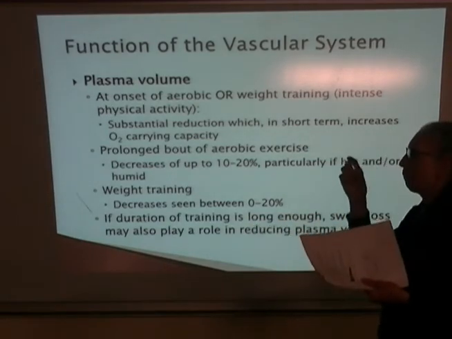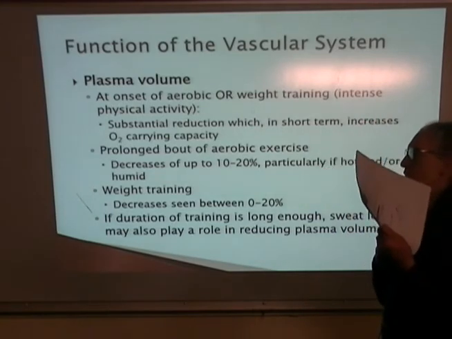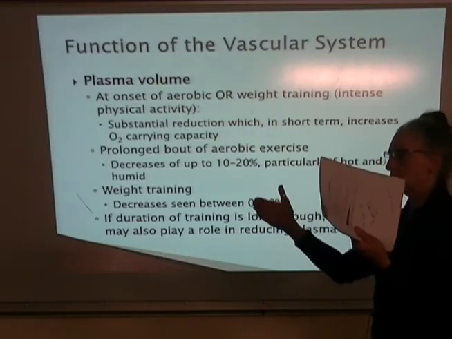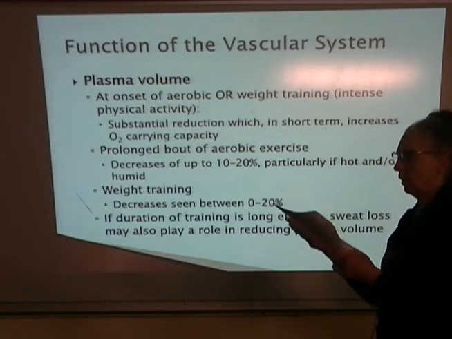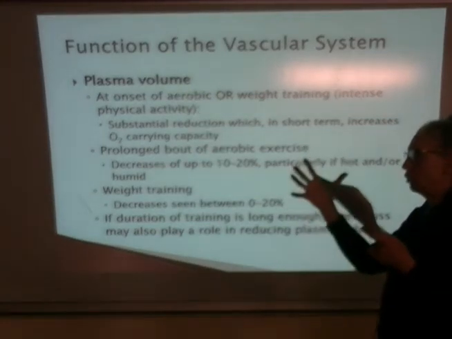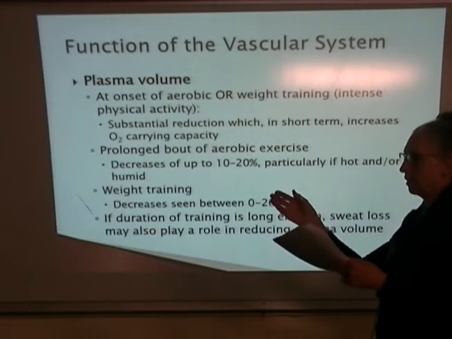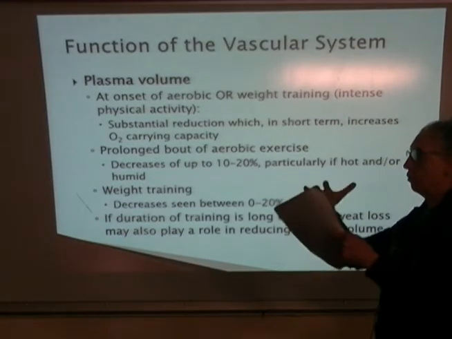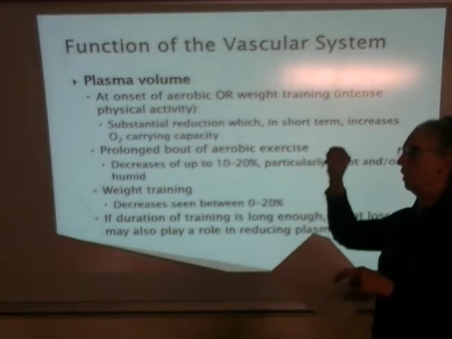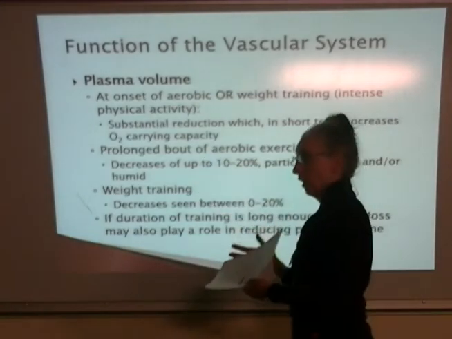So it's a little, at least for me, I find this, I have to really think it through. It doesn't make immediate sense to me. But what happens is, by reducing the plasma volume, the net effect is that you increase the number of red blood cells per unit volume of blood, which ends up being beneficial for aerobic work.